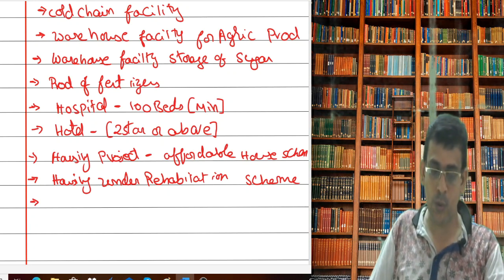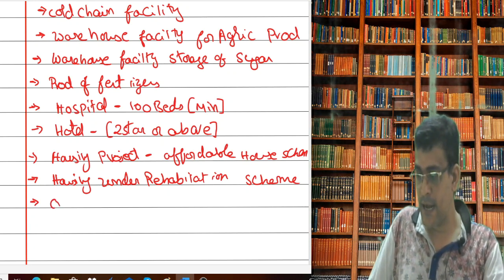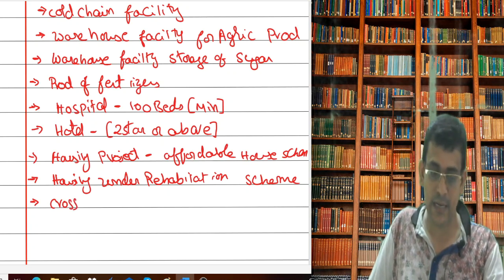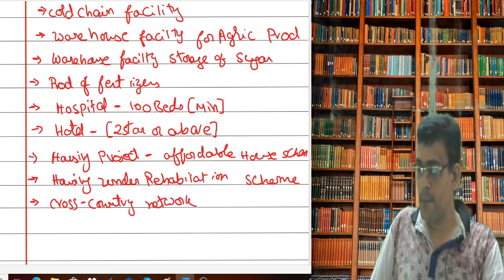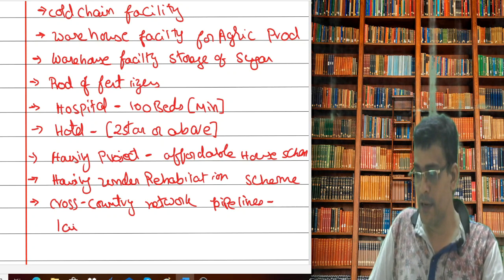So here, any entity having a cross country network of pipelines. Why are these pipelines laid down?